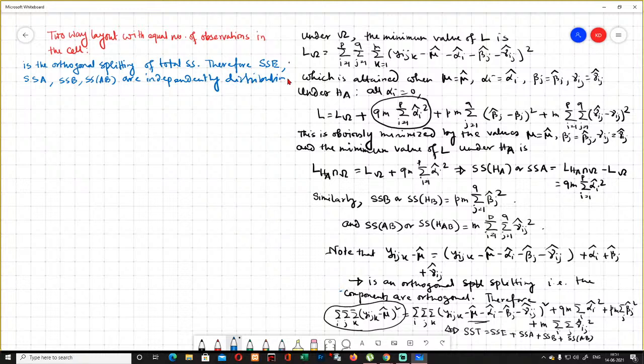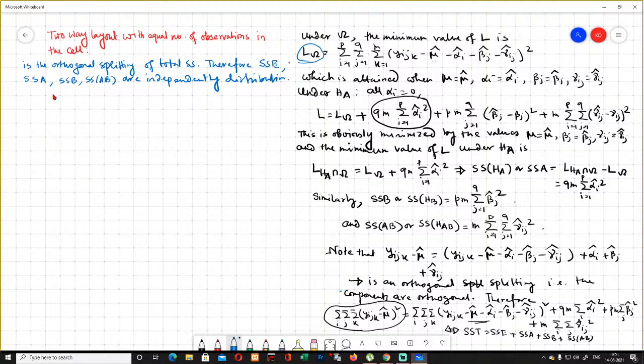Now, if you replace here the estimate, mu hat by y naught naught bar, alpha i hat by y i naught bar minus y naught naught bar, beta j hat by y naught j naught bar minus y naught naught bar, and gamma ij hat by y ij naught bar minus y i naught bar minus y naught j naught bar plus y naught naught bar.